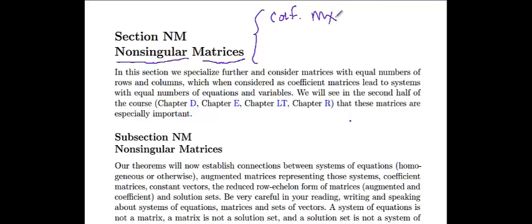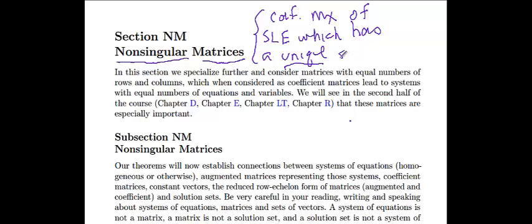Remember that the coefficient matrix is part of the augmented matrix. It's the part that does not include the constant vector. So it's a coefficient matrix of a system of linear equations which has a unique solution.